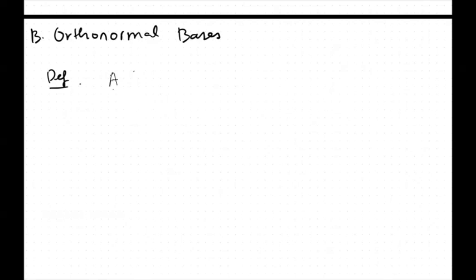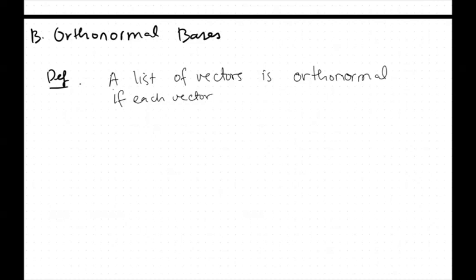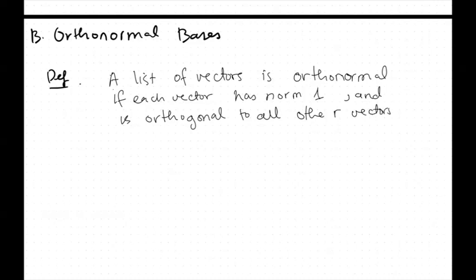So we have a list of vectors, of course, that is orthonormal if each vector has norm 1, that is the first condition, and the second condition is that each vector is orthogonal to all other vectors in the list.